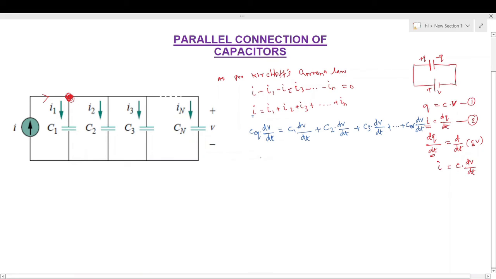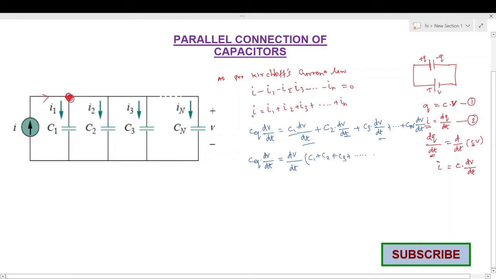Now we will further simplify this equation. We can write this term as it is, Ceq, that is equivalent capacitance, into dV by dt, and the common term on the right hand side of this equation is dV by dt, so we will take it out, dV by dt, and the remaining terms will be C1 plus C2 plus C3 plus up to Cn.